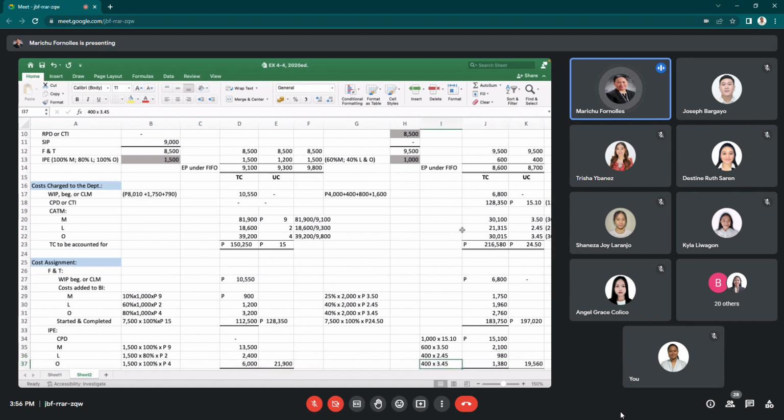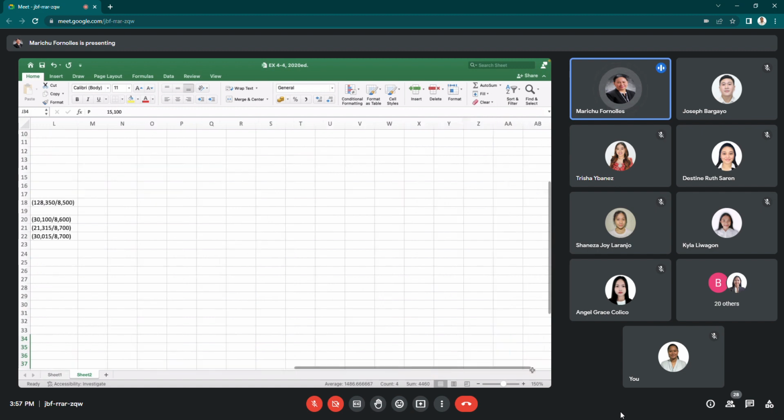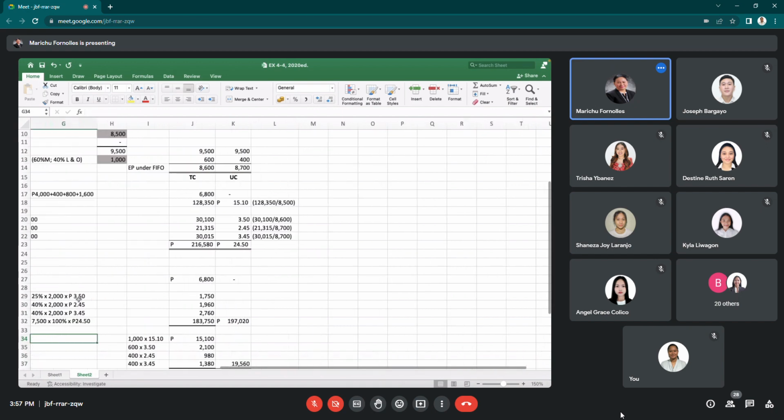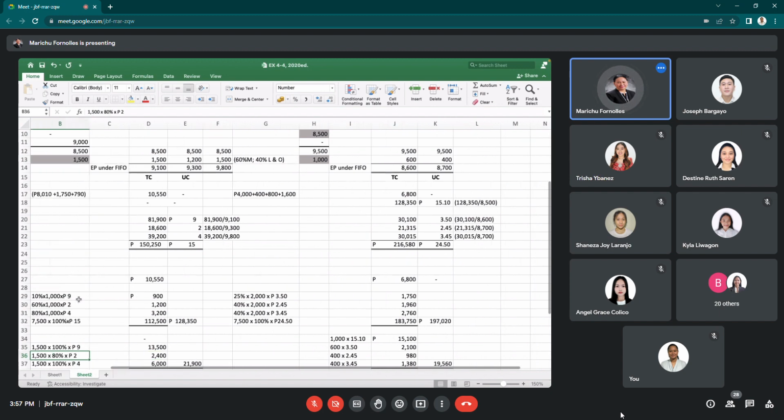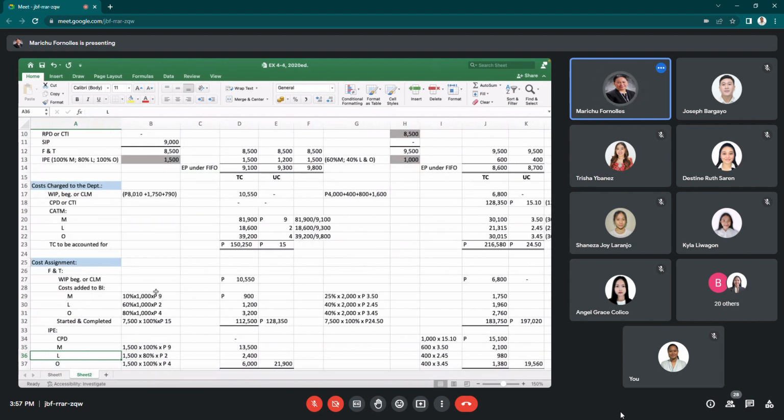For overhead, you have EP for overhead in IPE times the unit cost of overhead 3.45 equals 1,380. So adding CPD, materials, labor, and overhead in IPE gives you a total of 19,560 pesos.